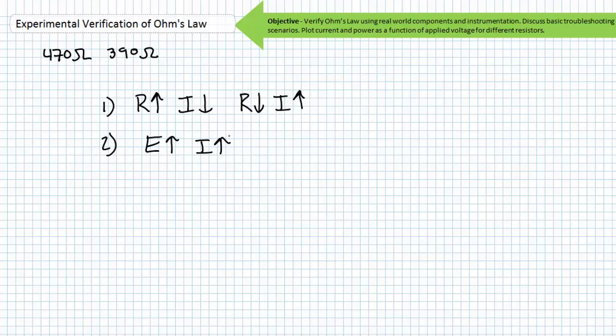Given we're plotting the data for two different resistors, and our understanding of the first hypothesis, the smaller resistor should show a steeper slope, meaning current climbs faster, and the larger one a shallower slope, meaning current climbs slower.